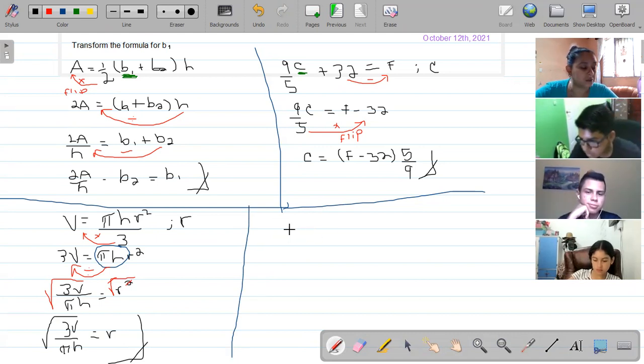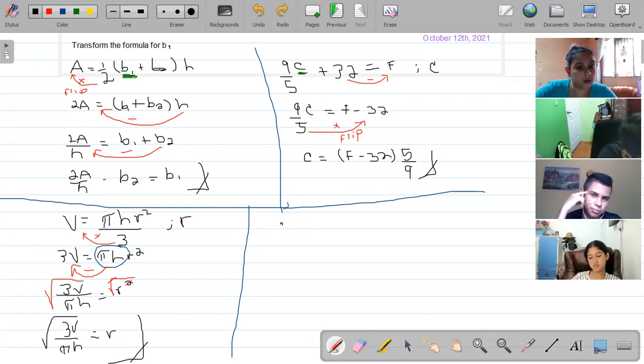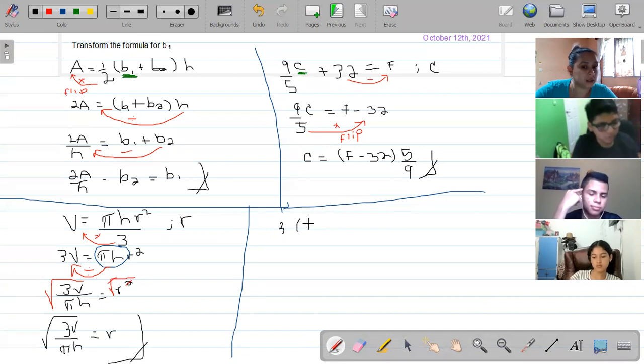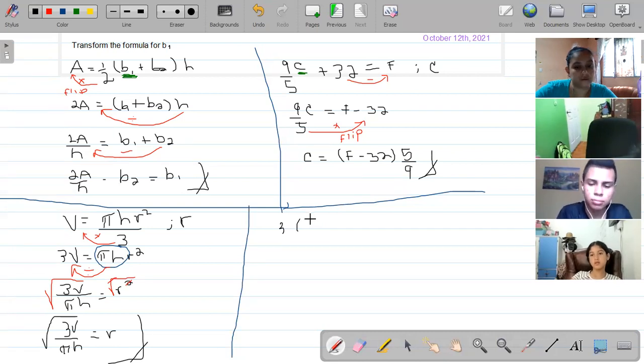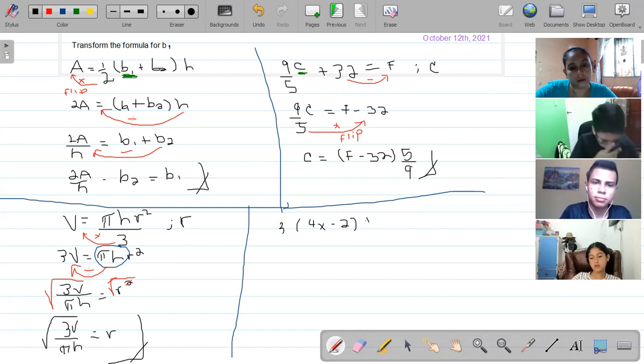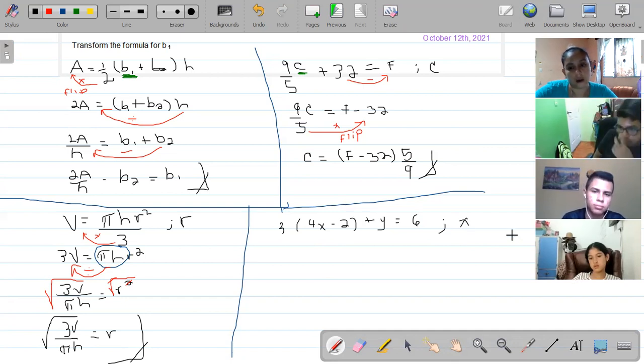So the formula is going to be 3 parentheses, for x minus 2 plus y is equal to 6, and you're going to solve for x.